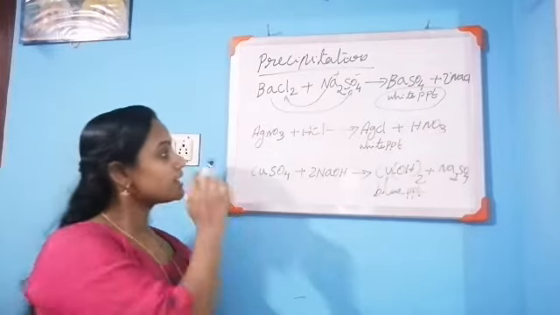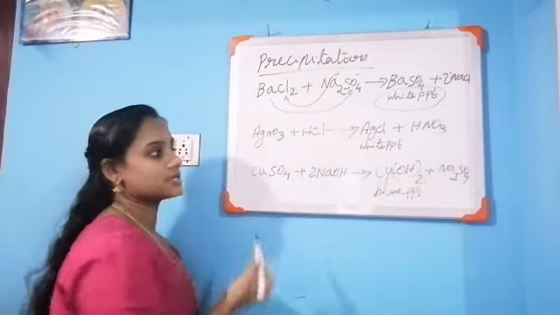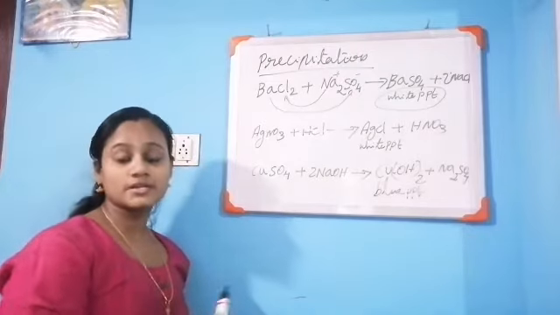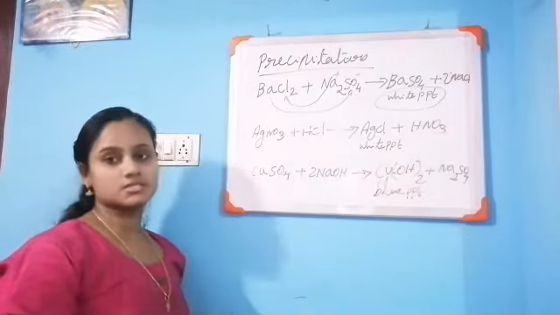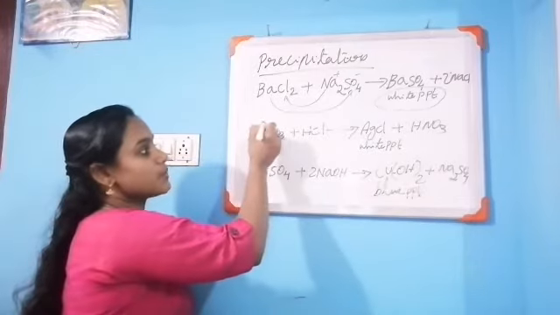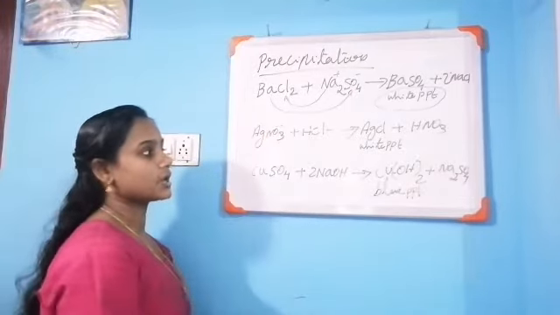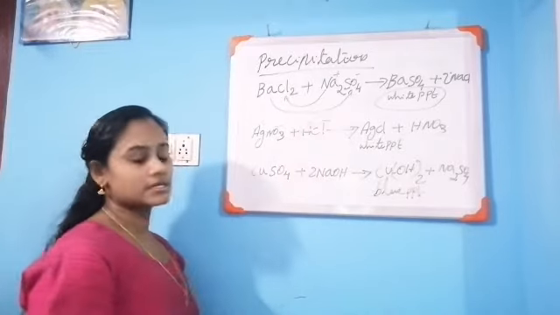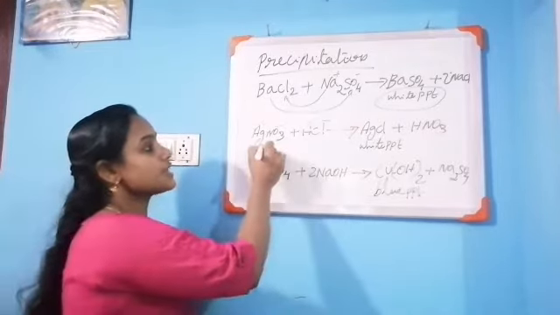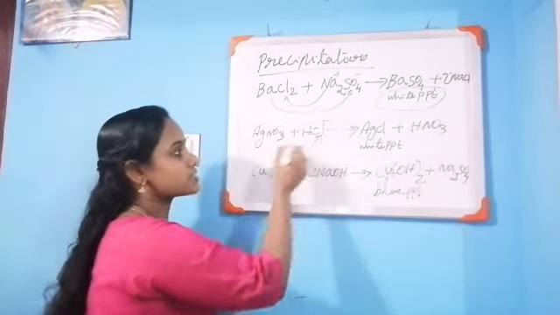Is it clear? Next example, silver nitrate reacts with hydrogen chloride. Here silver positive, nitrate negative. Hydrogen chloride, hydrogen positive, chloride negative. So these ions are exchanged.